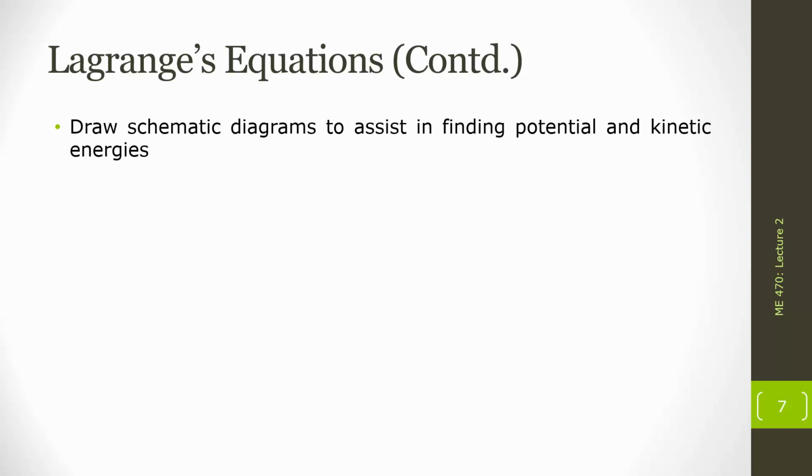A benefit of using Lagrange's equations, where we have this energy approach, is we don't need to draw a lot of free body diagrams, which are necessary for Newton's laws, because we need all the forces and all the individual accelerations. We can take a more whole systems approach when we're using Lagrange's equations, as long as we are accounting for all of the pieces of our system that have potential energies, kinetic energies, and then eventually dissipation when we're talking about damped systems.